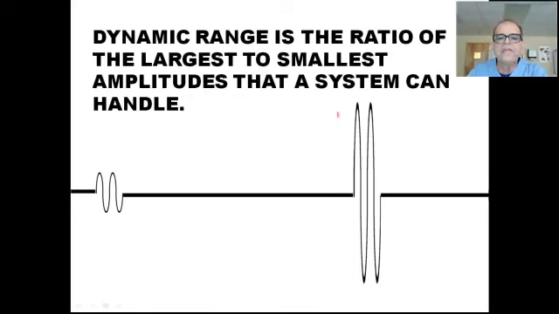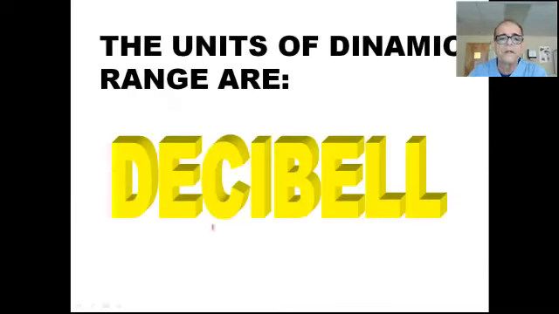Dynamic range is the ratio of the largest to smallest amplitude that the system can handle, but this is the same as contrast. This is the definition of dynamic range. The unit of dynamic range is decibels, not positive, not negative, only decibels. The more decibels, the less contrast in the picture.